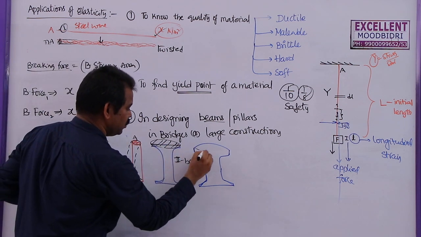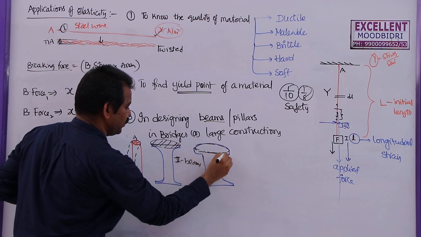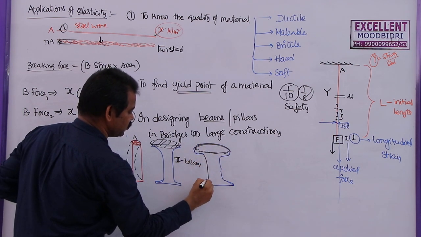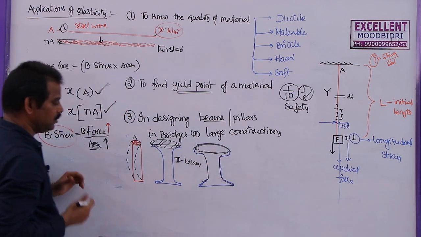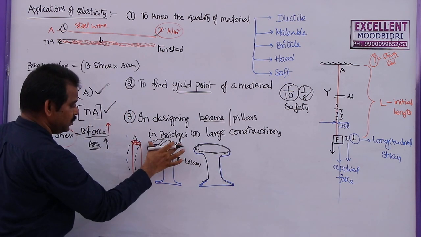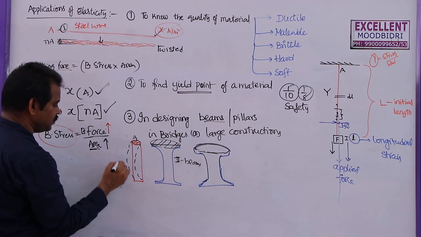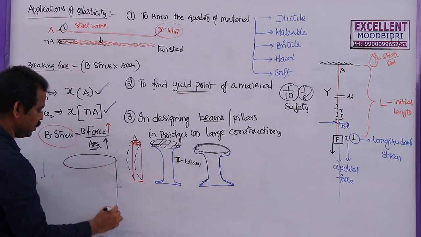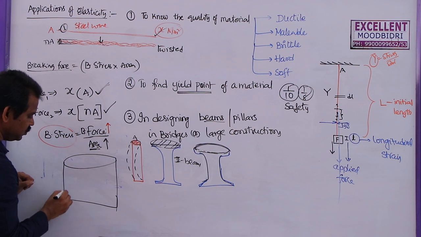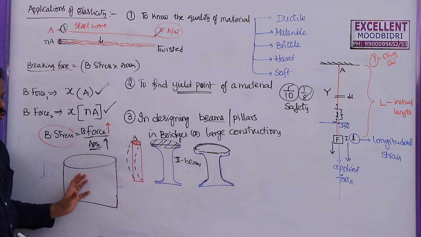Similarly in a railway track also, this area is more than the cross section somewhere here. But why are we not using a big pillar here instead of this one? These pillars are too costly.